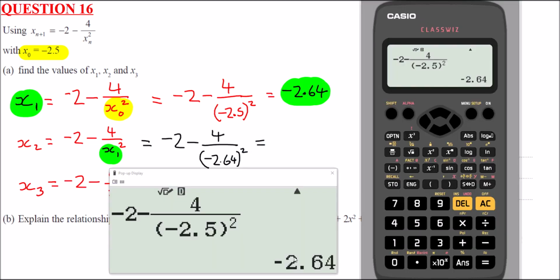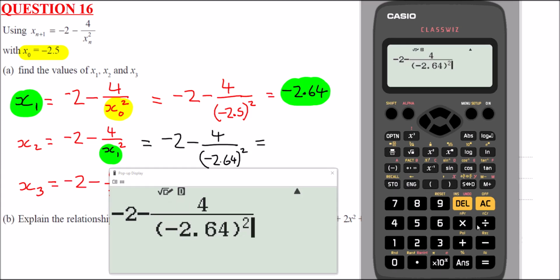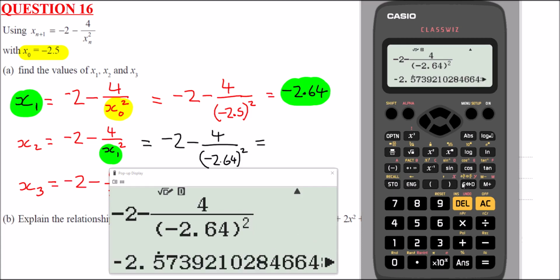So now we just go back and type in minus 2.64 instead into this formula. So it's minus 2 minus fraction button, 4, press brackets, minus 2.64, all of that now squared. That gives us this awkward number here.